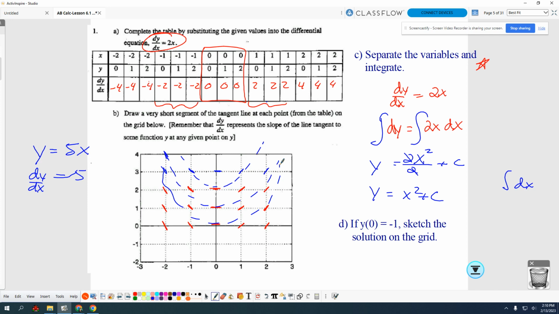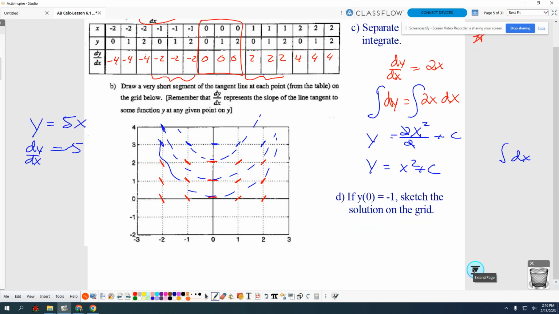So here we integrated, we got x squared plus c, and the red stuff kind of looked like if you dropped a pebble in the water, it left all these little parabola imprints, right? Okay, so that's separate the variables and integrate.